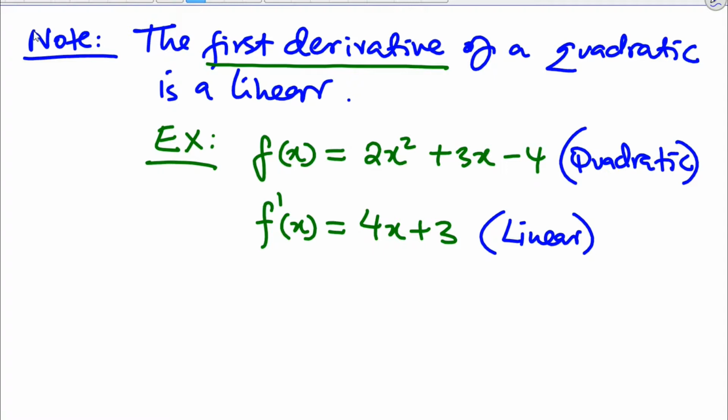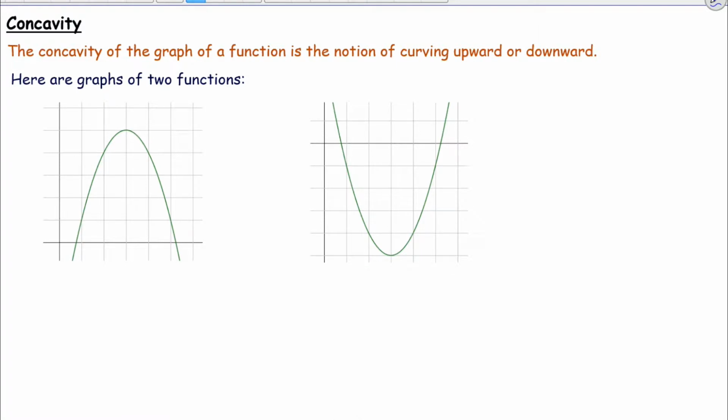Okay, so I'll go back to where we were. Here we have two functions, and what I want to do is start by sketching derivatives of these functions. Now, I'll start by labeling the axes. This is y, that is x.